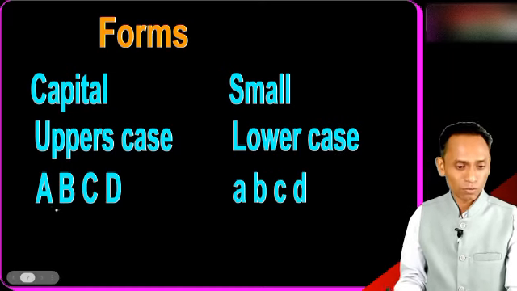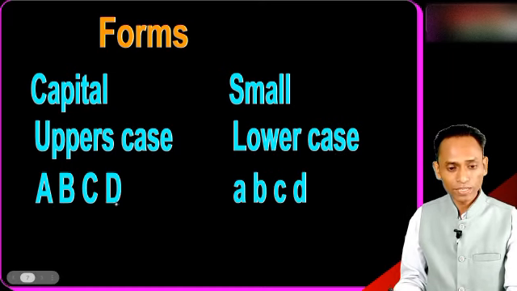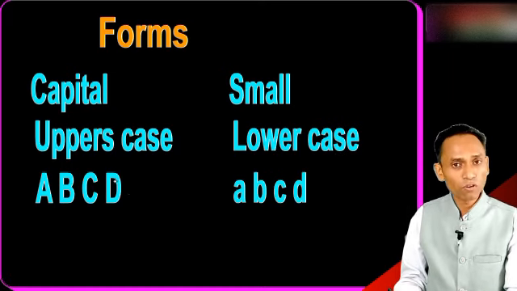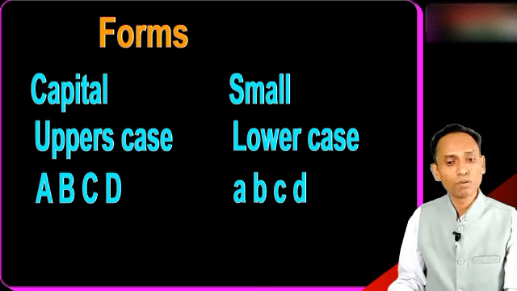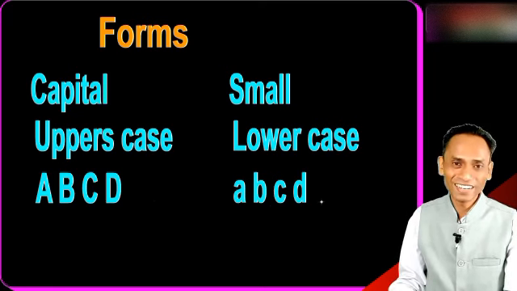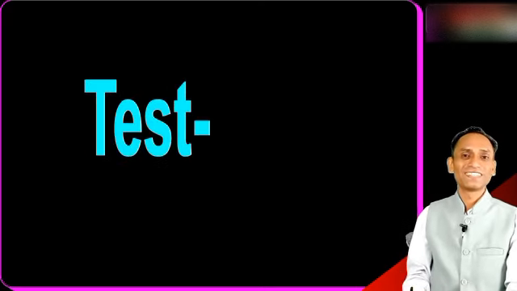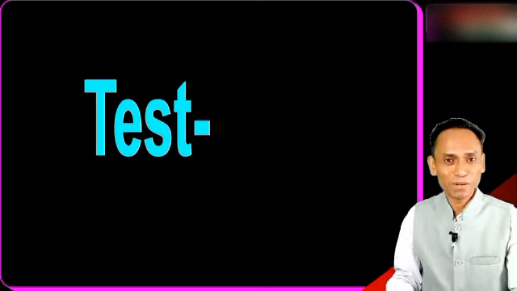Now look here. A, B, C, D, these are the capital letters, and the same letters are here in small form, or lowercase. Clear? Great. So that's all about the English alphabet.